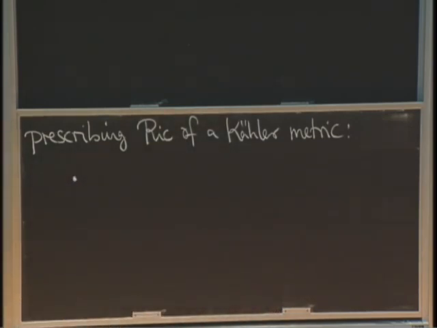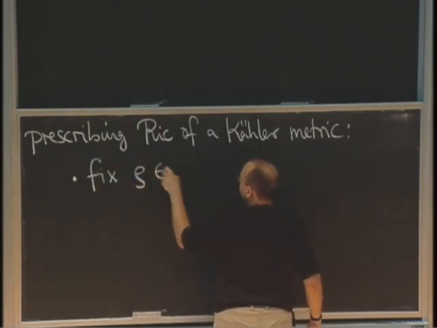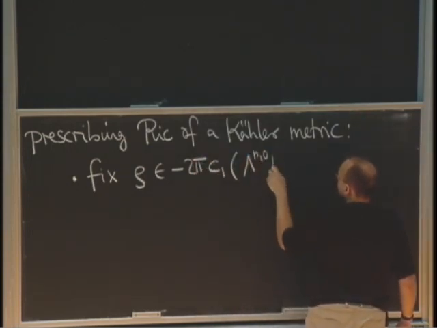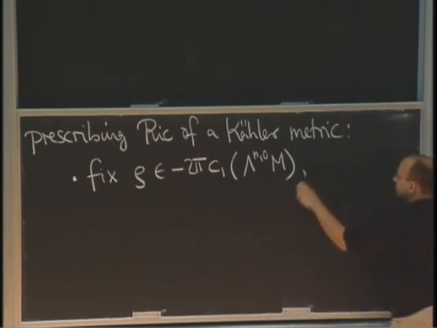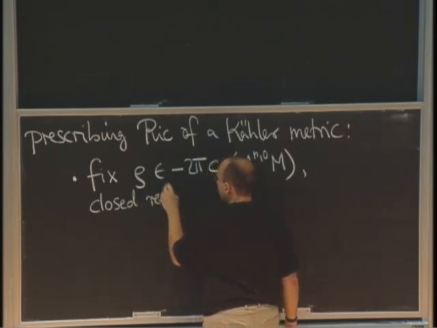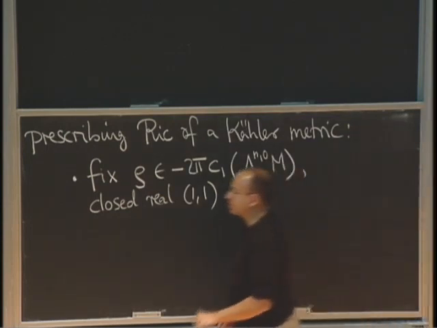Okay, so by this formula, the Ricci curvature is minus the curvature form of a Hermitian metric on the canonical bundle, so that's the kind of thing I should start with. So that's a closed real 1,1 form. And this is what I would like the Ricci curvature of my Kähler metric to be, up to multiplying by i here.